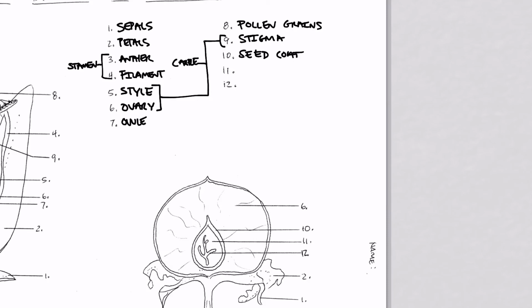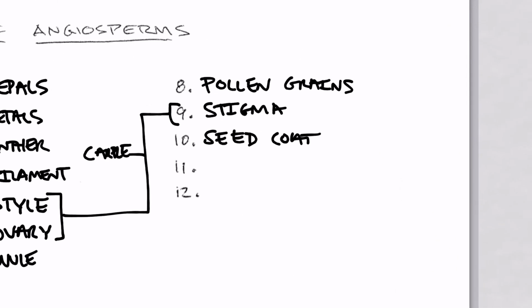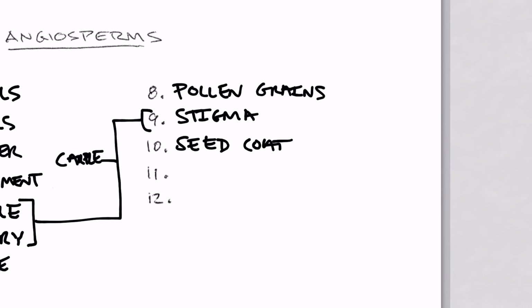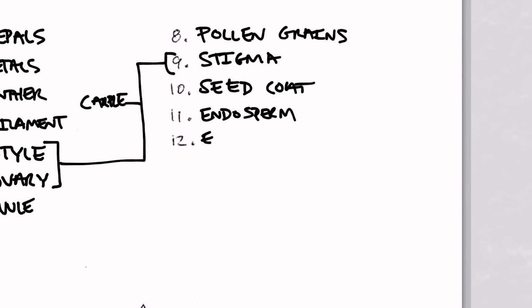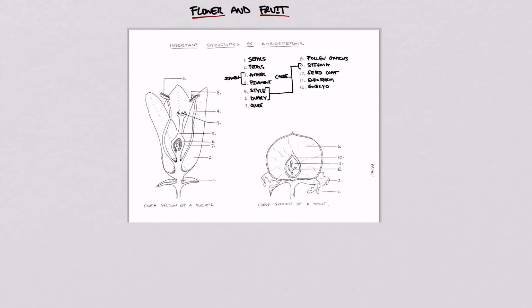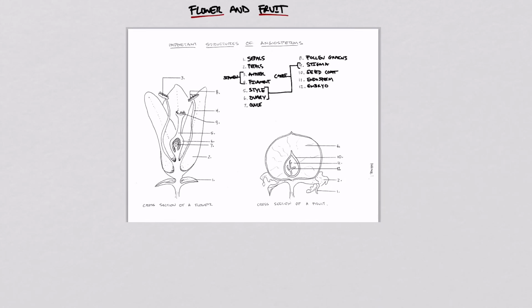The first thing is the developing embryo, which is what looks like this little tree here. And then surrounding the embryo is what's called the endosperm. The endosperm is going to be the food for the developing plant once the seed germinates. So 11 is the endosperm. And 12 is the embryo. And that is it for the structure of the fruit and the flower.